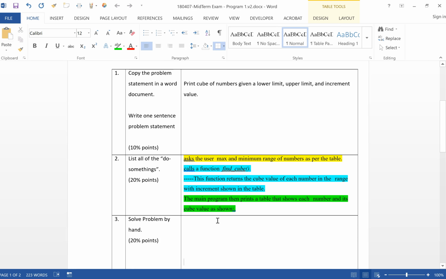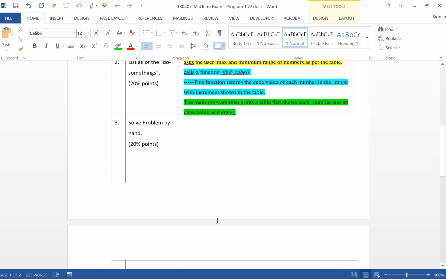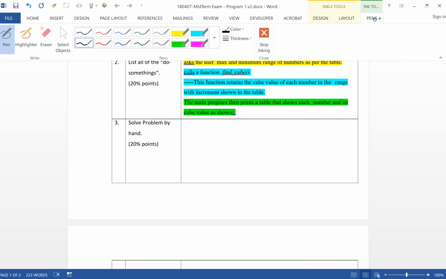So let me bring this pen over. The first one is minus 1.5 through 4.5, increment is 0.5.